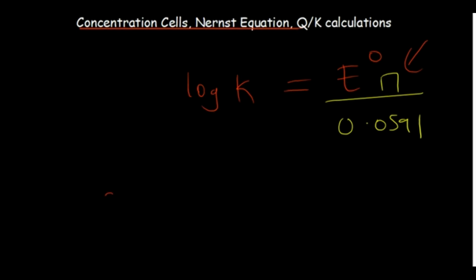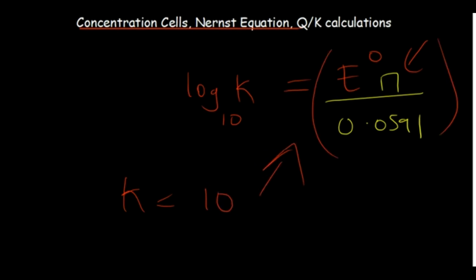And then what you're going to have is your K. Log means it has base 10, so K will be 10 raised to the power of that. So that is the form that will help us find the equilibrium constant, given the standard cell potential and the number of electrons being transferred.